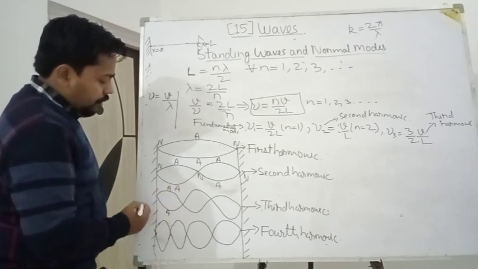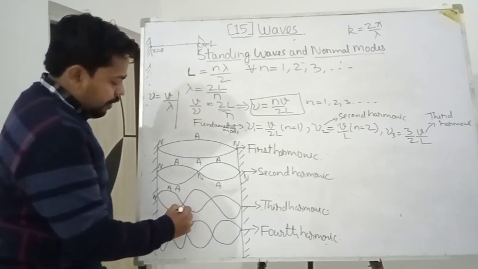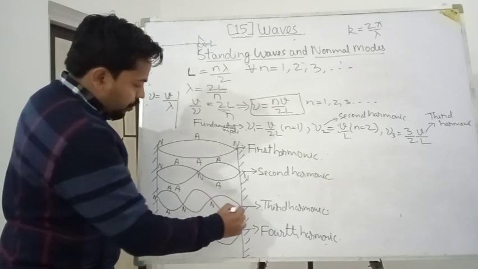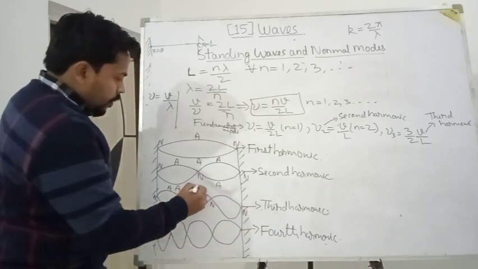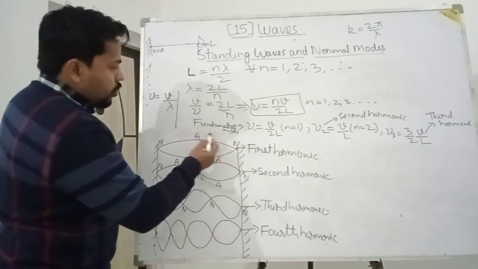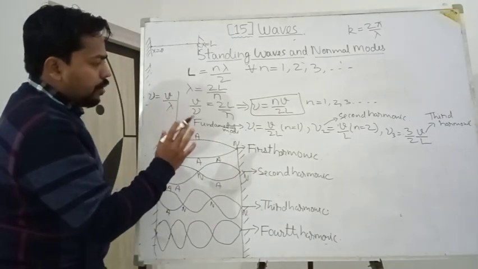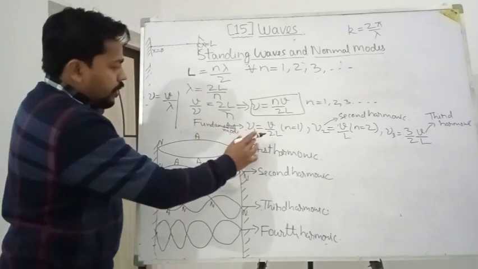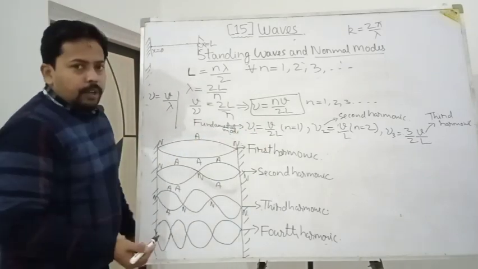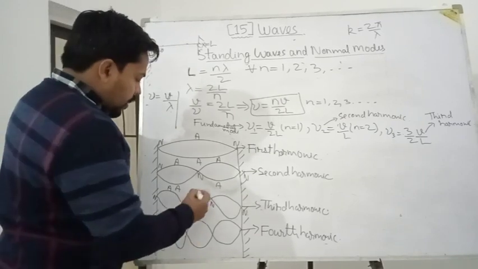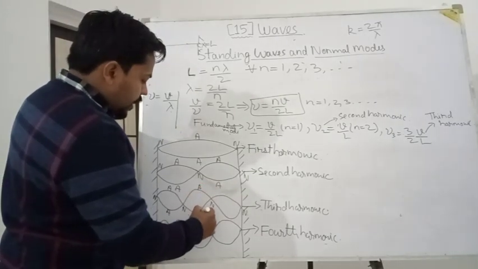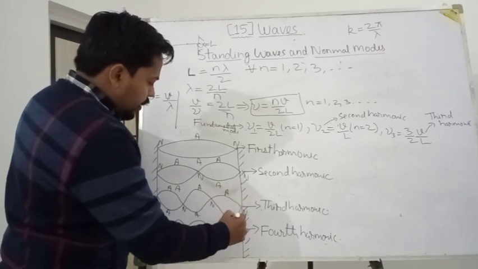Similarly, for the third harmonic there will be a total of 4 nodes in this case. The first harmonic is also known as the fundamental mode, which is the first mode of the oscillation. Here is another node like this, and here will be another node.